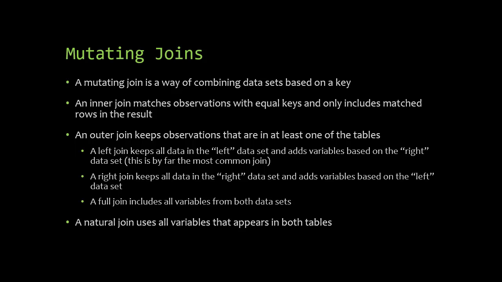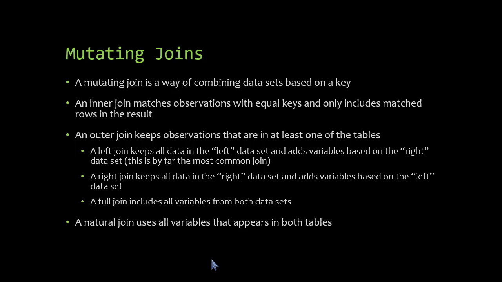Then the final type of join is a natural join. And a natural join uses all variables that appear in both tables. What we mean by that is we don't specify a particular key.